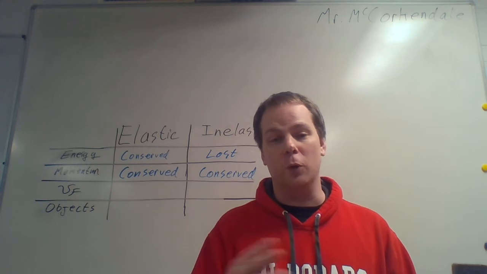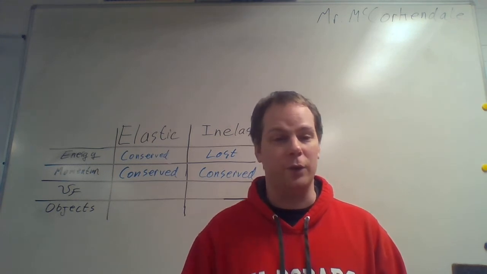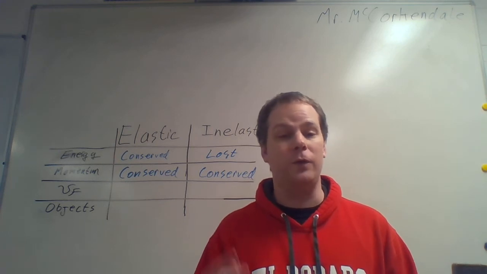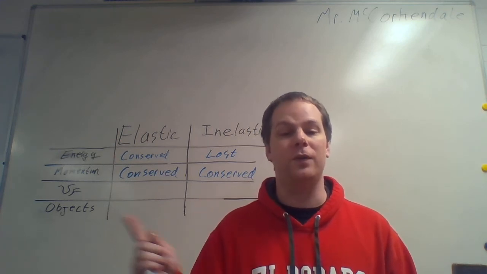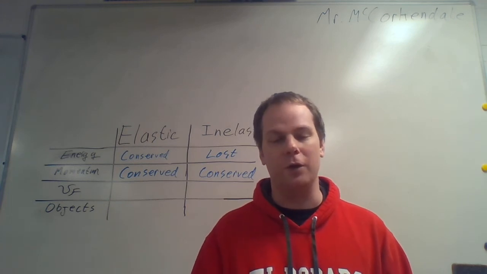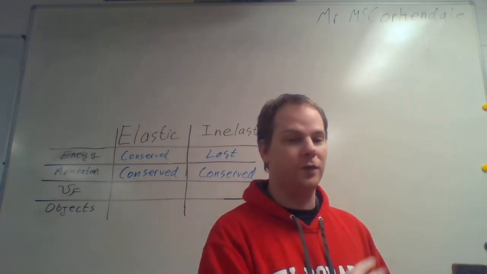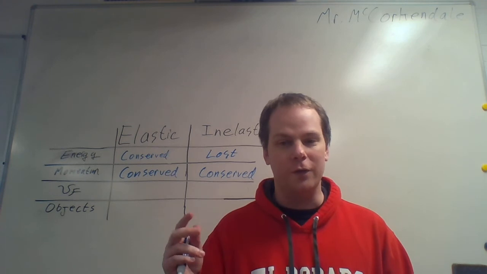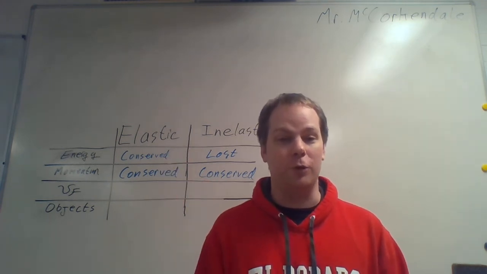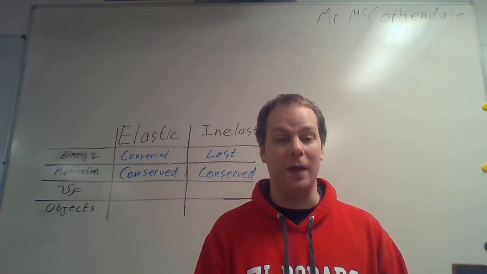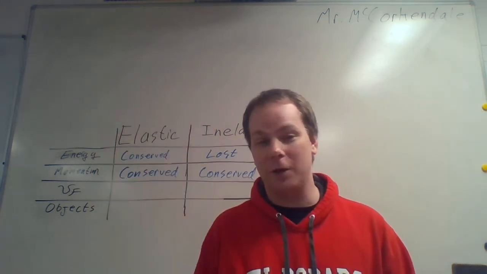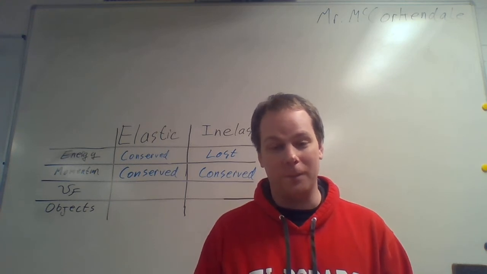Either one is more Y and the other has more X, or they're opposite signs and move in opposite directions. If two objects have the same velocity vector, there's never going to be a collision. They're going to operate on parallel tracks. They're never going to intersect. So the VIs have to be different in order for a collision to take place. And that is any collision.